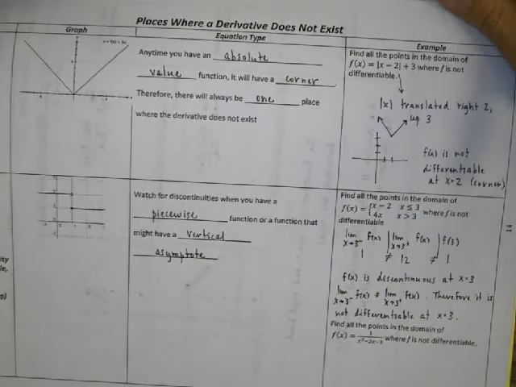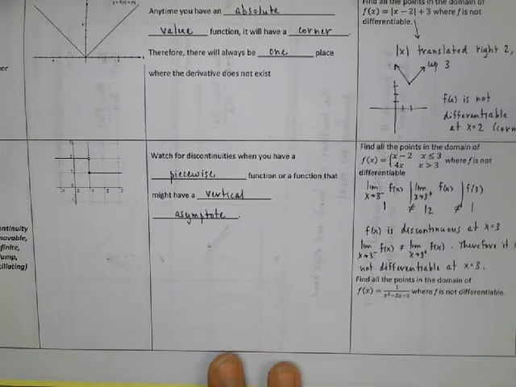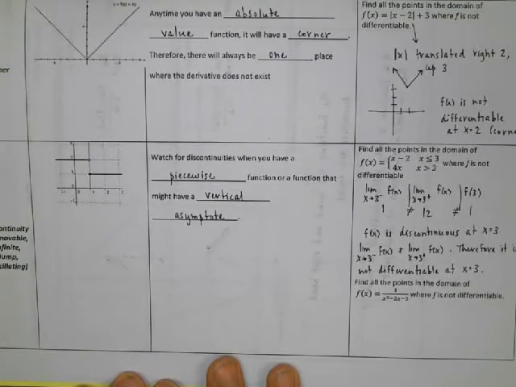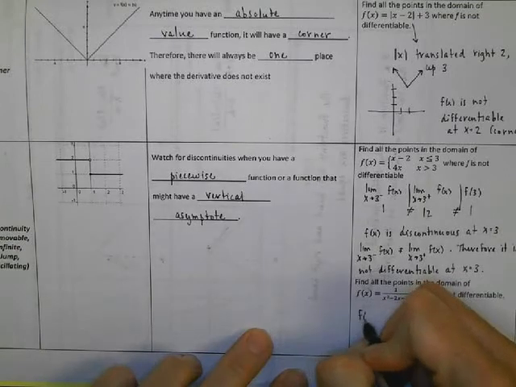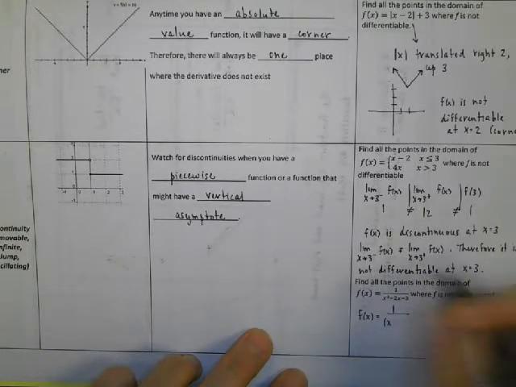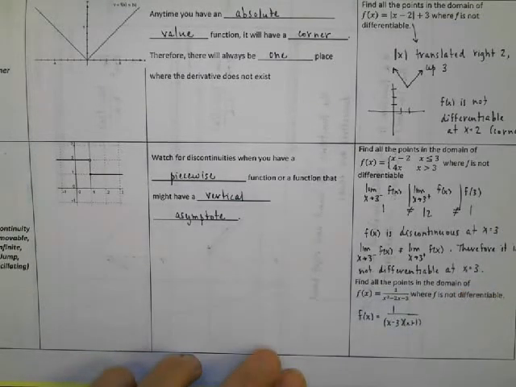Okay, and then my last example here, find all the points in the domain of my function f of x, my rational function, where I'm not differentiable. And again, right away I'm thinking about where there might be vertical asymptotes. So I'm going to go ahead and factor this. And let's see, x minus 3 times x plus 1.